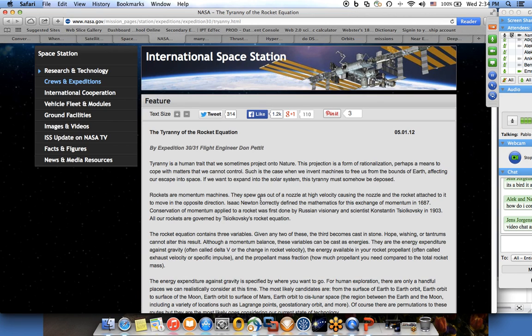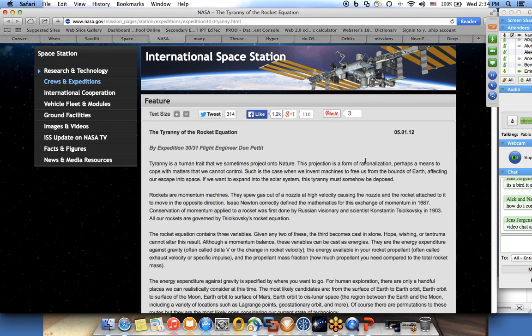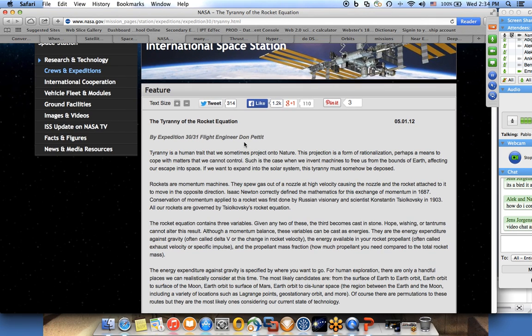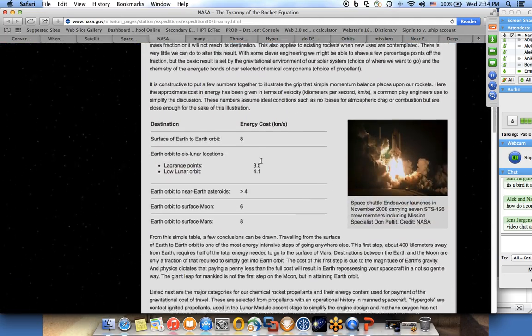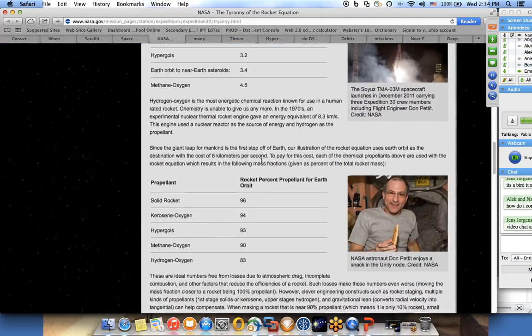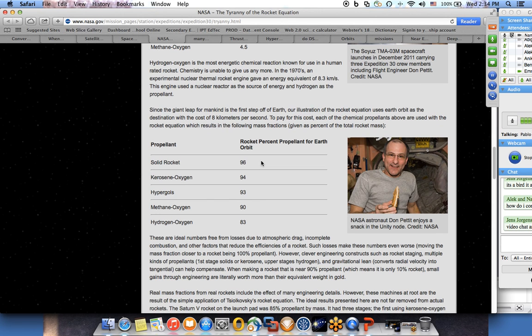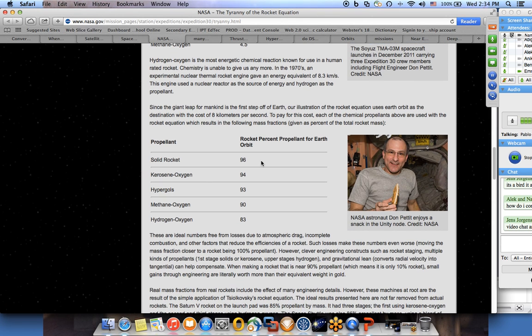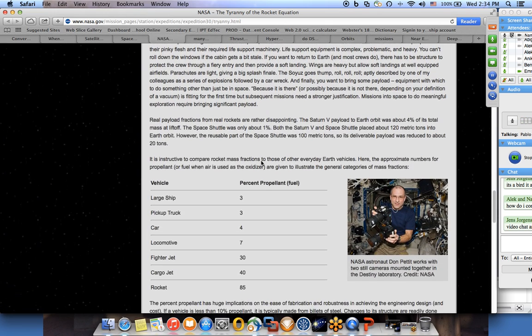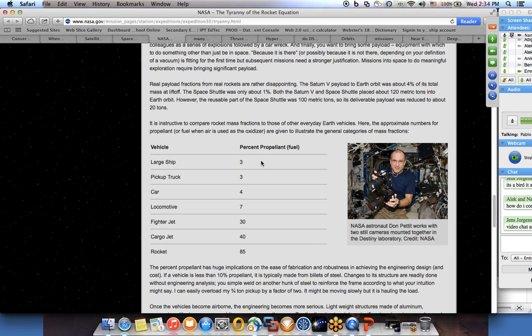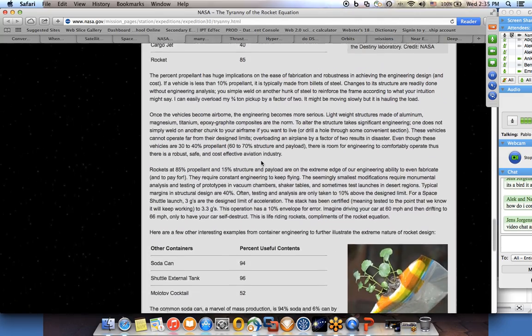So now I have here a website with an article written by Don Petit. He is also a NASA astronaut. Here we have a picture of him in the Destiny Laboratory of the International Space Station.